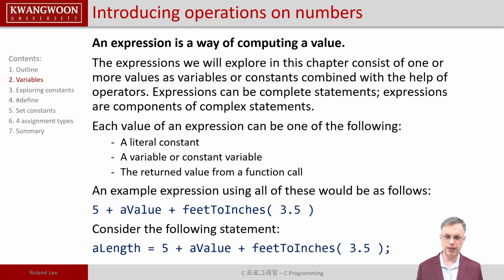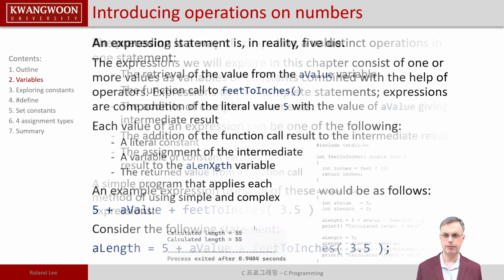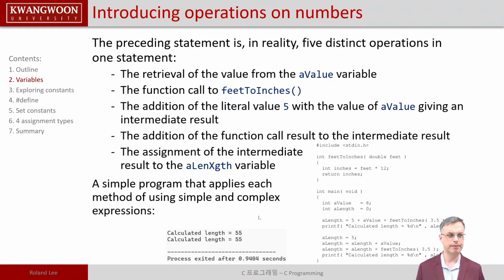Instead of one assignment, 3. And instead of a temporary intermediate result, the results of the additions are accumulated explicitly in the length variable as a result of each statement. We can continue now with a simple program that applies each method of using simple and complex expressions as it follows.